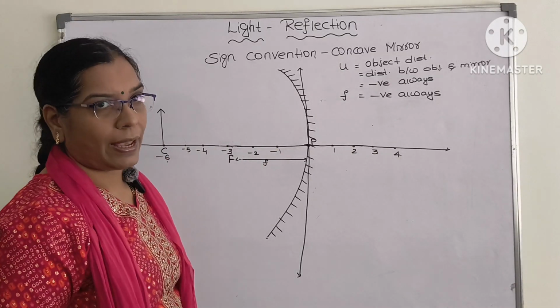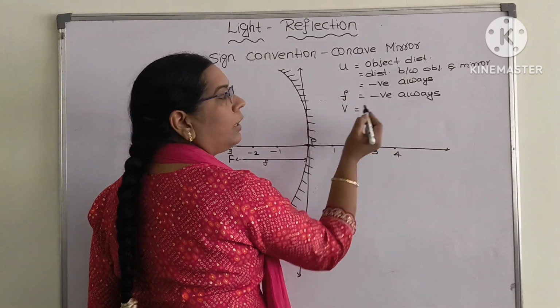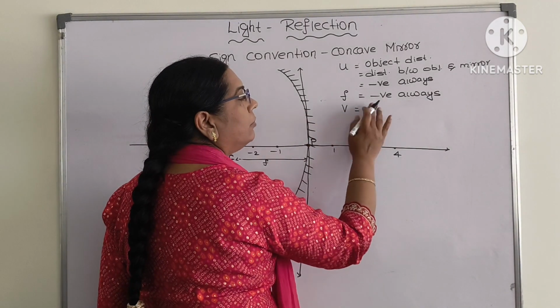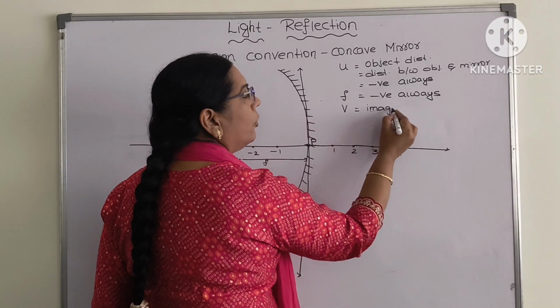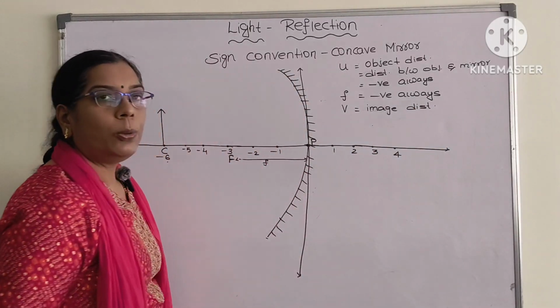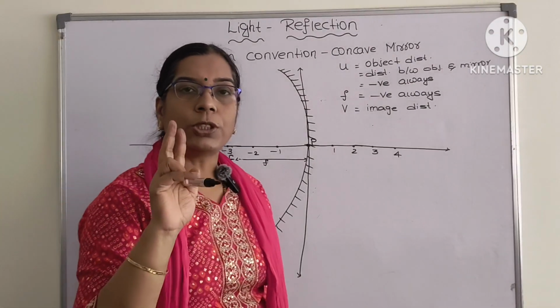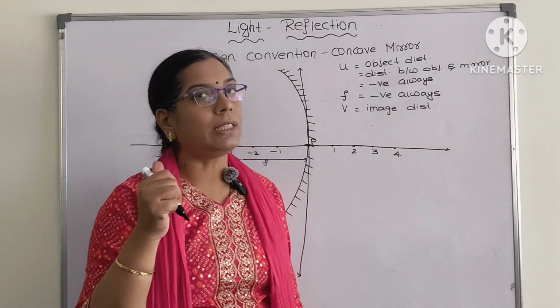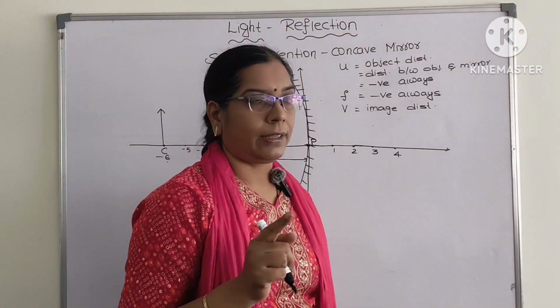Now, let us come to v. What is v? v is the image distance. You should know, children, that a concave mirror forms two types of images: one is real and inverted, and the other is virtual and erect.